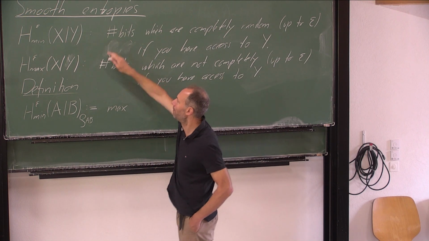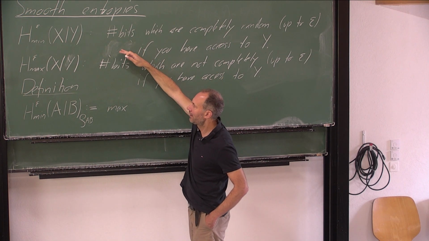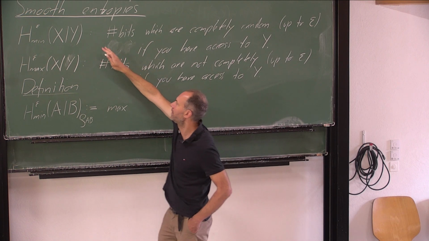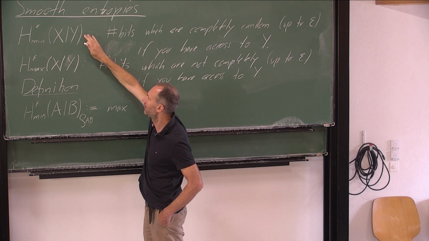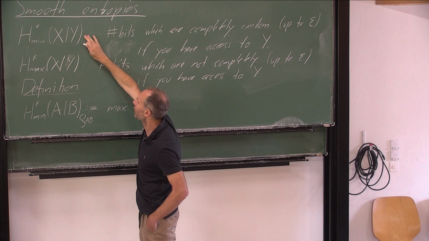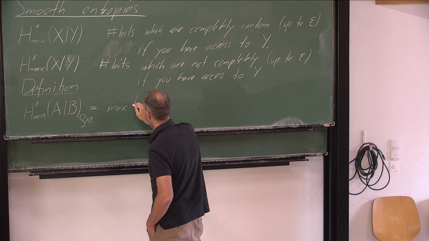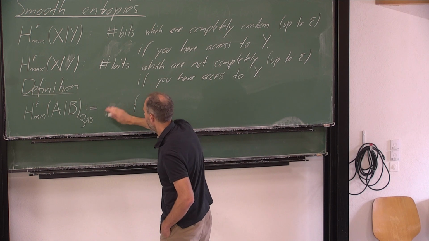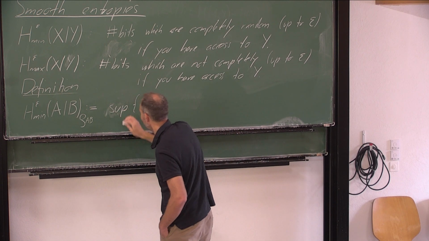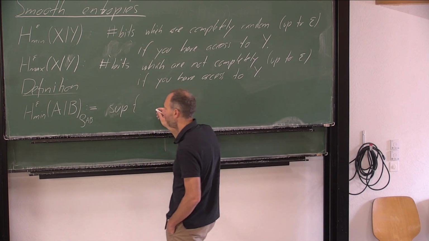The minimum in the subscript and the maximum are motivated by these operational interpretations, because this is, as I pointed out yesterday, certainly never larger than that. And this maximization, or maybe I actually write the supremum, because that's a mathematical definition that even applies to infinite dimensional systems, and there it's a supremum.